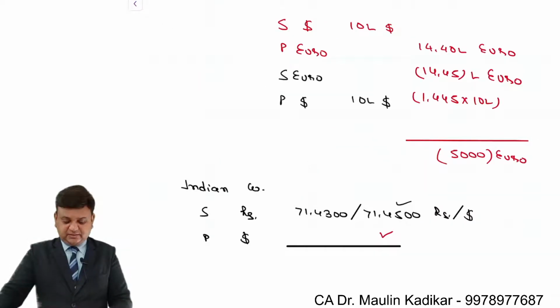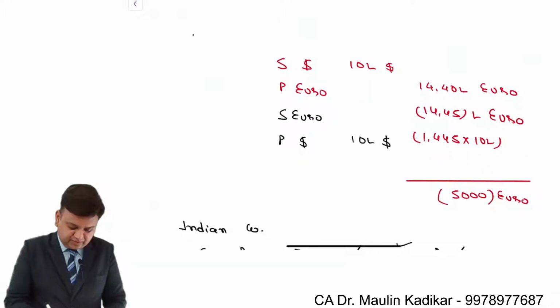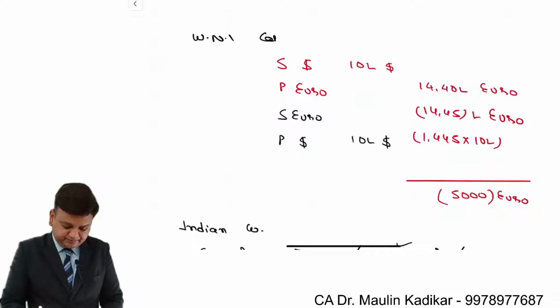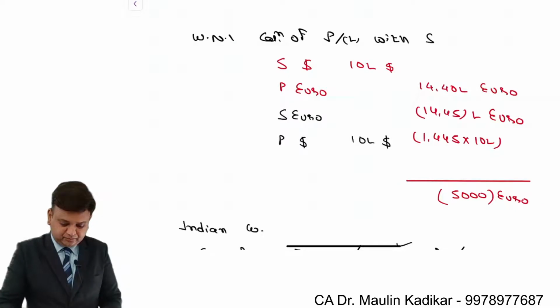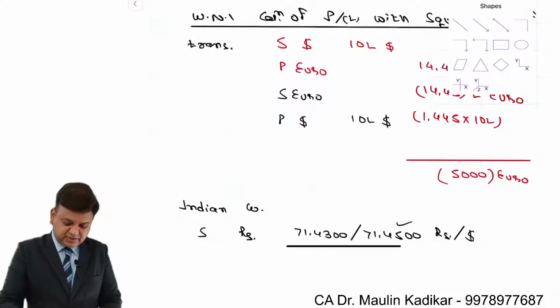So please write down the answer. We can call it working note number 1: calculation of profit or loss with square off of transaction. Please write down this first working note.